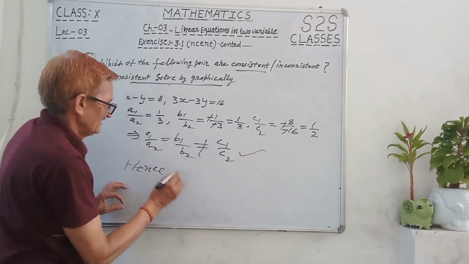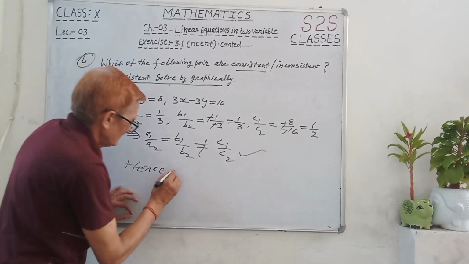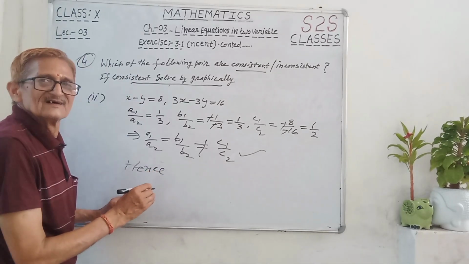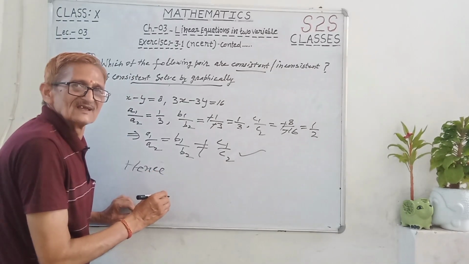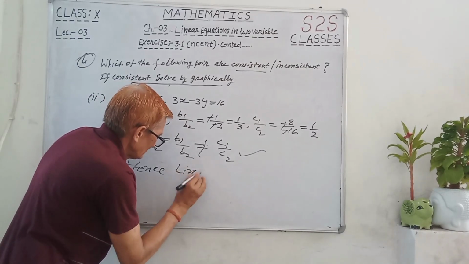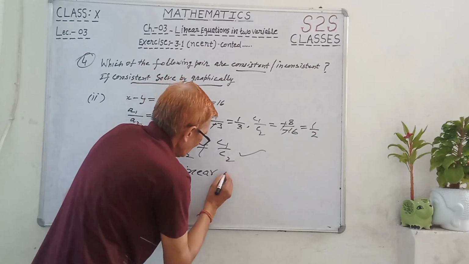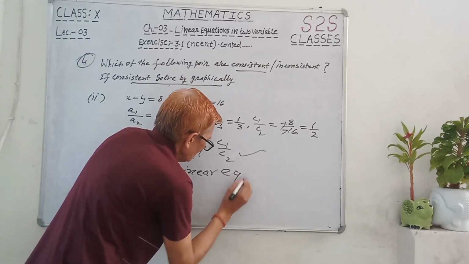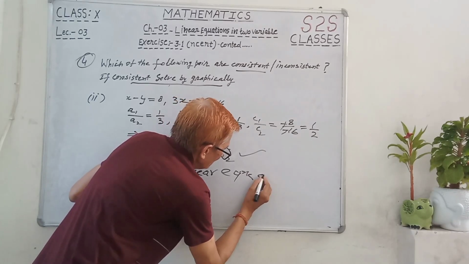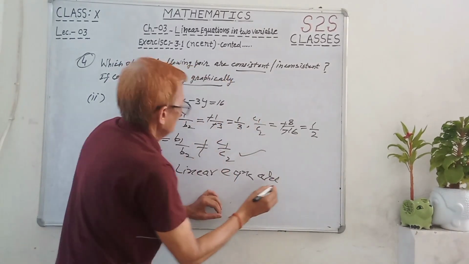On this condition, lines are parallel. So, inconsistent. So, the pair of linear equations is inconsistent. So, the linear equations are inconsistent. Okay?